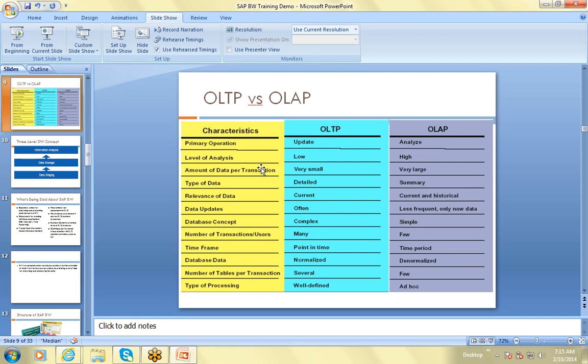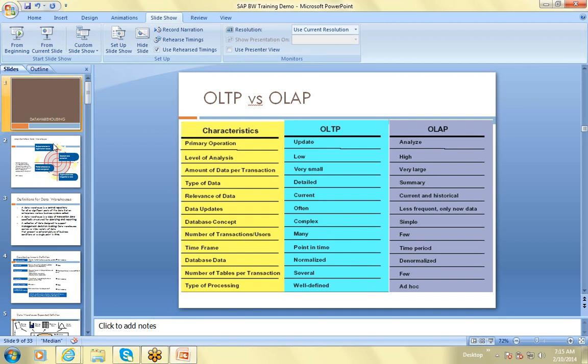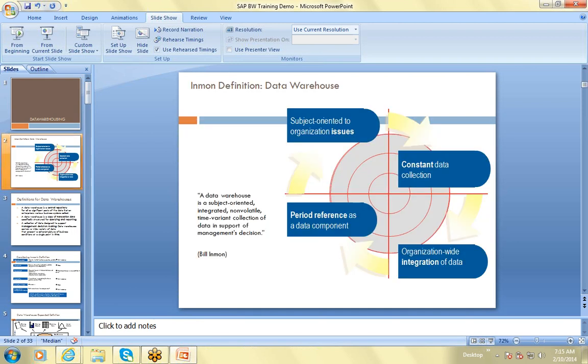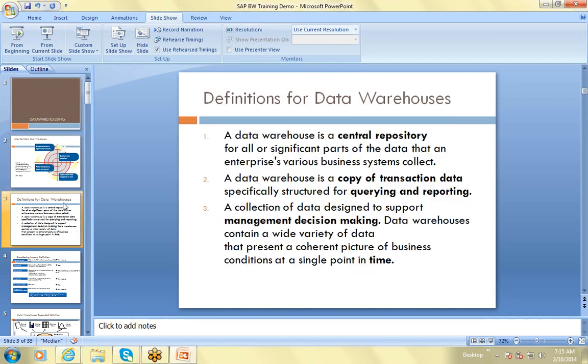And with respect to normalization, Bill Inmon is considered the father of the data warehouse, and we have E.F. Codd, who is considered the father of the database. He proposed some rules on how to prepare a normalized database.